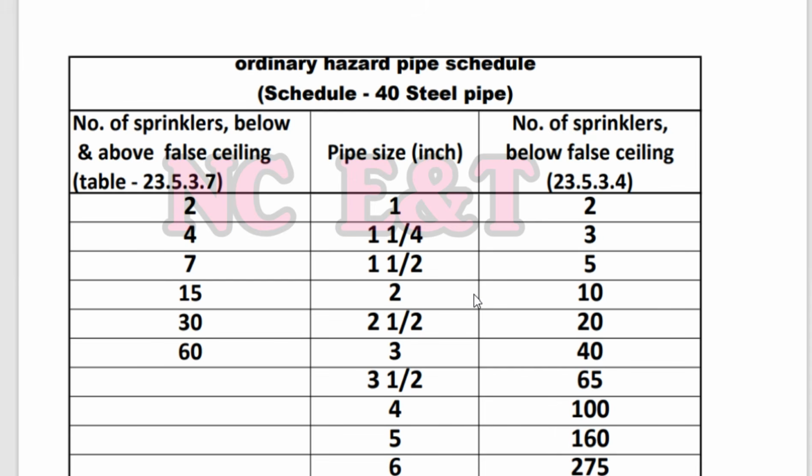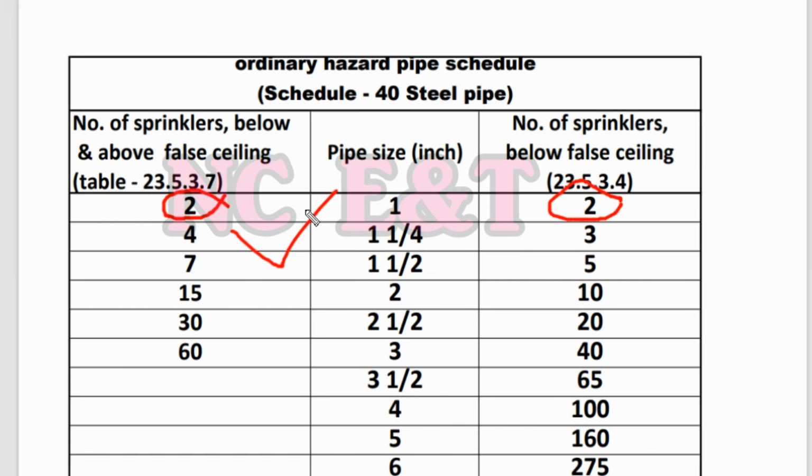And we can see the same for the pipe size 1 inch, there are the same number of sprinklers, 2 and 2, but when we go for the bigger pipe size the number of sprinklers in the branches that have below and above ceiling sprinklers are higher than the number of sprinklers on the branch that has only above or only below ceiling.